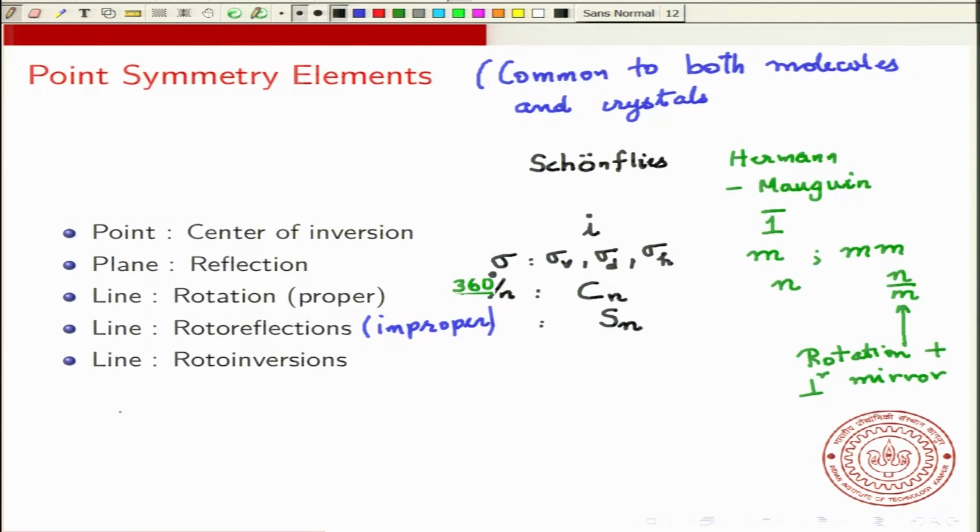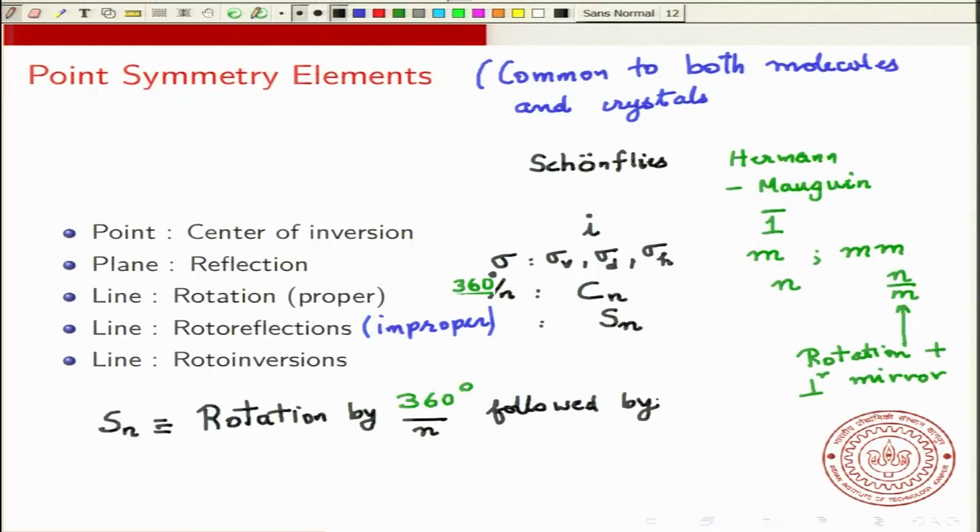So Sn corresponds to a rotation by an angle of 180 divided by n degrees followed by a reflection about a perpendicular plane.